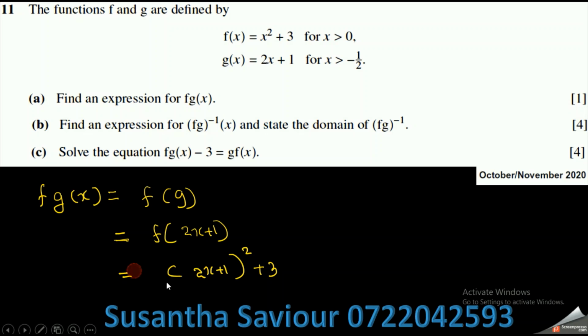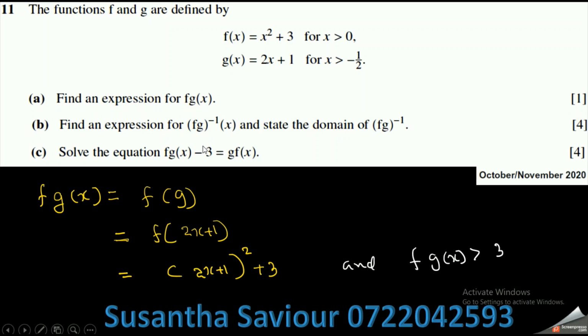So (2x plus 1) squared plus 3. This x is replaced by this function, right? Now the range of this function will be greater than or equal to 3.